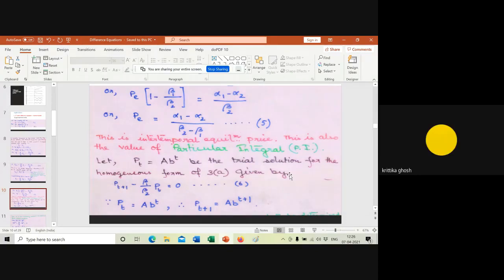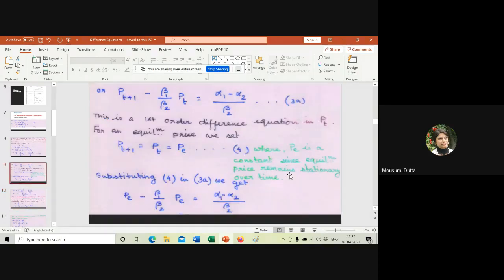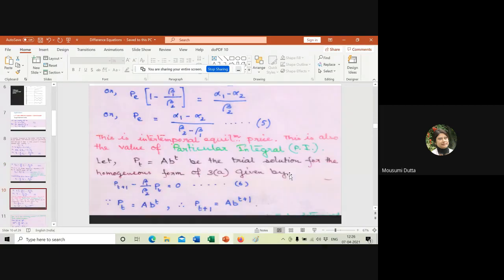So everybody please check. Those who wanted to see the slide once again, look at equation number 4. Look at how we are plugging equation number 4 into equation 3a. Then we are solving for PE.